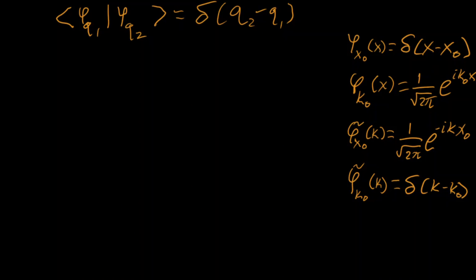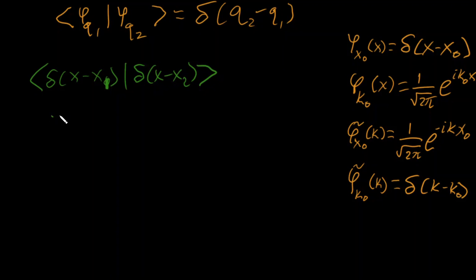If we take this first one, the inner product we're taking is the inner product of delta of x minus x1, with delta of x minus x2. Again, x1 and x2, just like a few videos ago, are specific values of the observable x, the position.